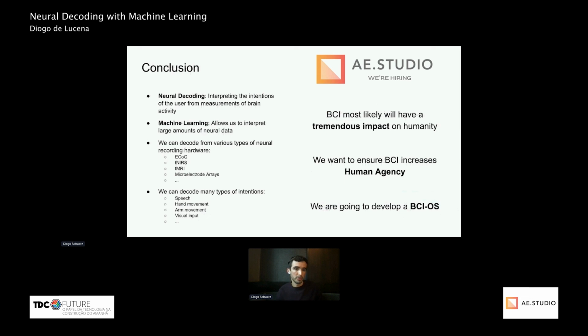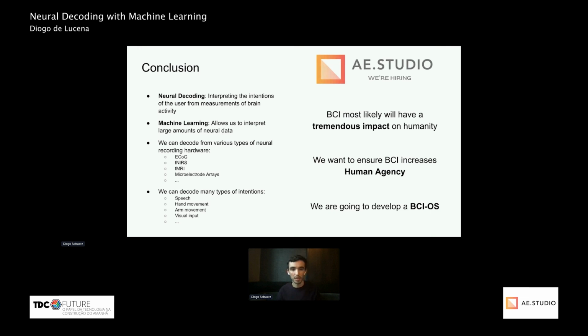So to go over some of the discussions, we discussed a lot about neurodecoding, so interpreting those actions from a user and from the brain activity that we're measuring with different technologies, using machine learning that allows us to do that for a lot of data and in a really fast time. We've been doing that for a variety of different technologies, ECoGs, fNIRS, fMRIs, and the plan is really to expand on everything that the neuroscience field pushes forward.